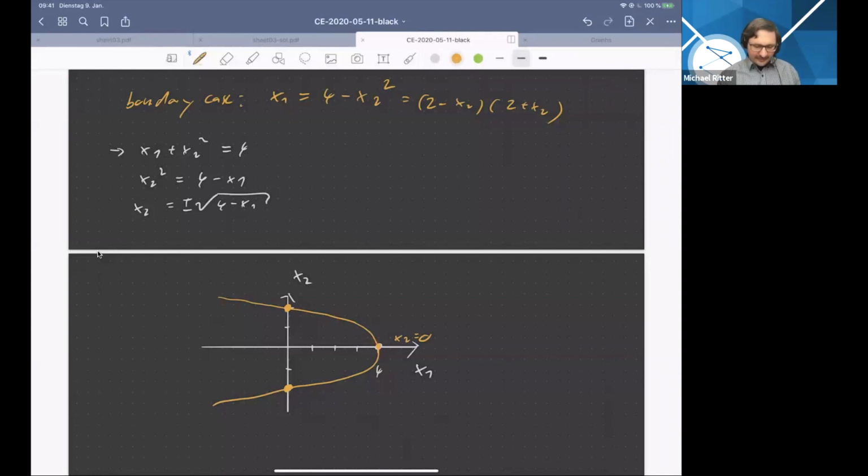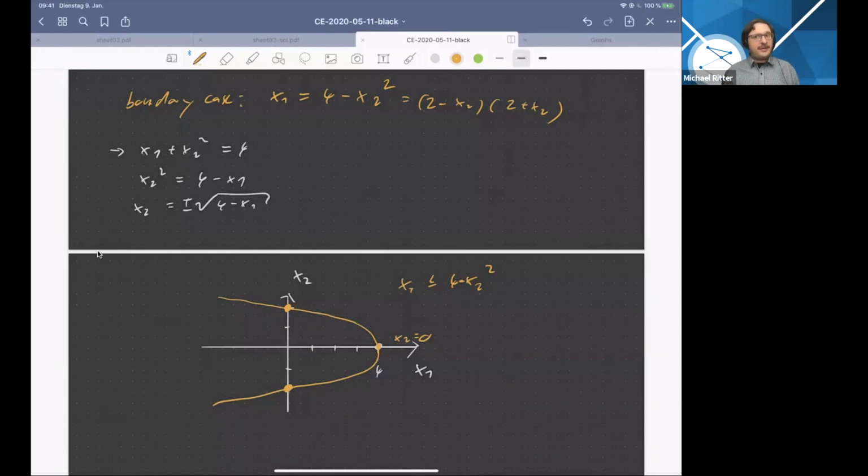What we do have actually is x1 is less or equal to 4 minus x2 squared, not equal to. So where are these x1 values that are less or equal to? Well, that means the boundary case here, this parabola line, gives us an upper bound for the x1 values. x1 values decrease to the left.